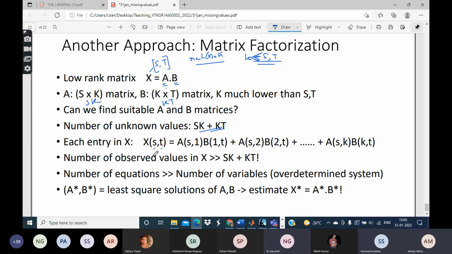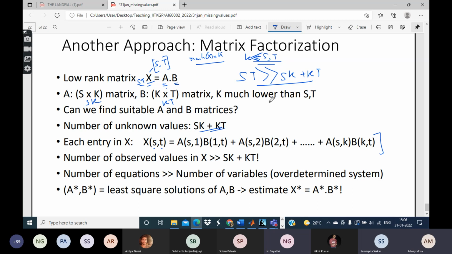Now in this matrix X, if certain values are missing but the other values are available, then for each of the available values you can write this kind of an equation. How many values are there in this X matrix? There are ST values, and because K is much less than S and T, it should be obvious that ST is much greater than SK plus KT.